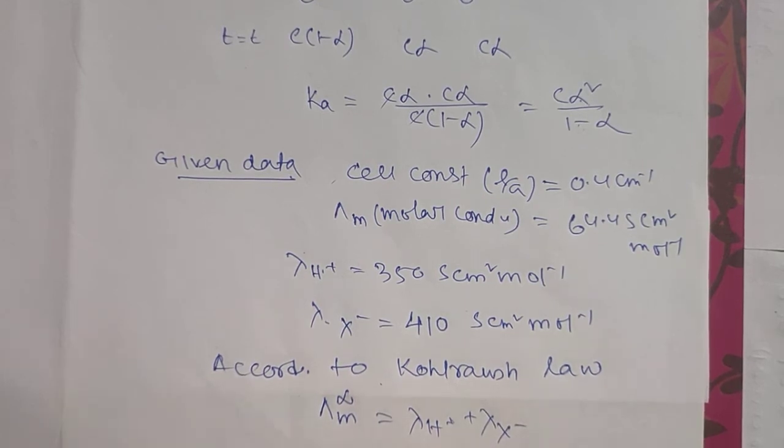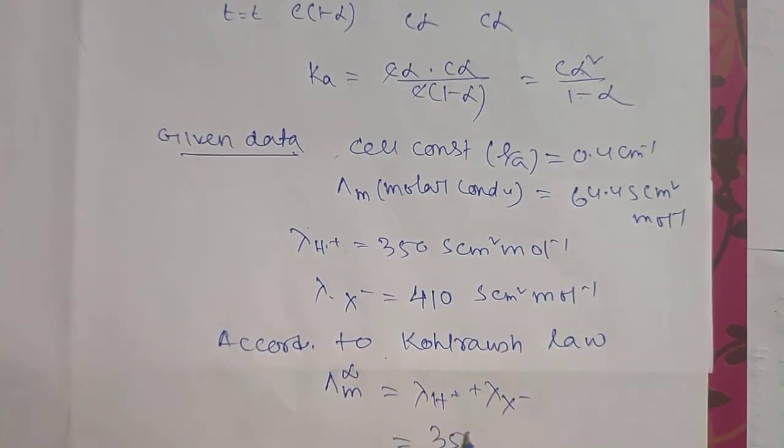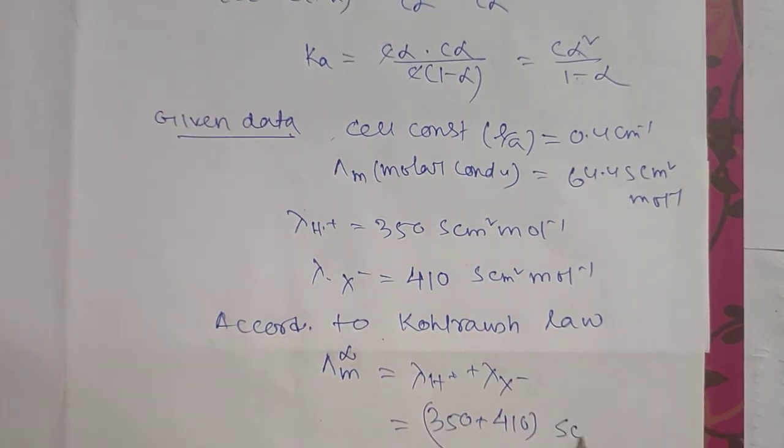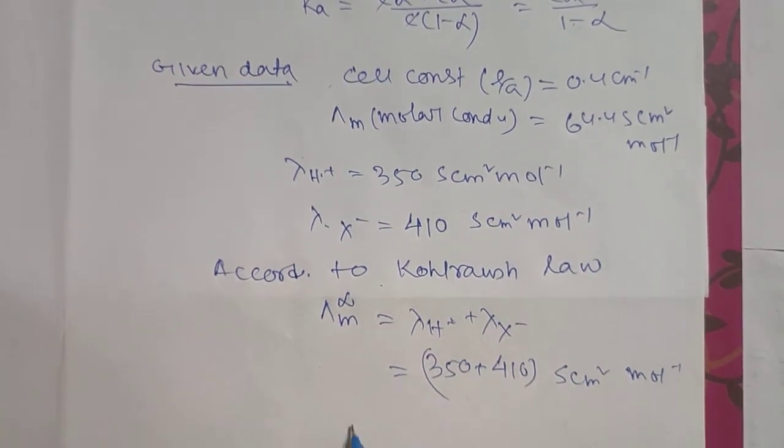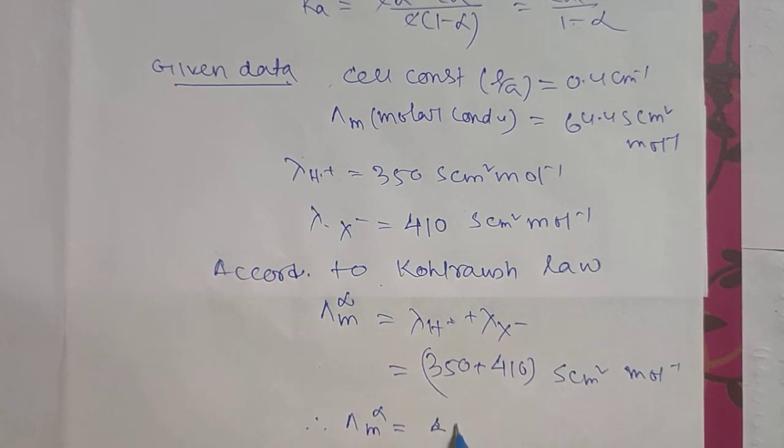So this will be the sum, 350 plus 410, in centimeter square mole inverse. So this will be 760 centimeter square mole inverse, okay.